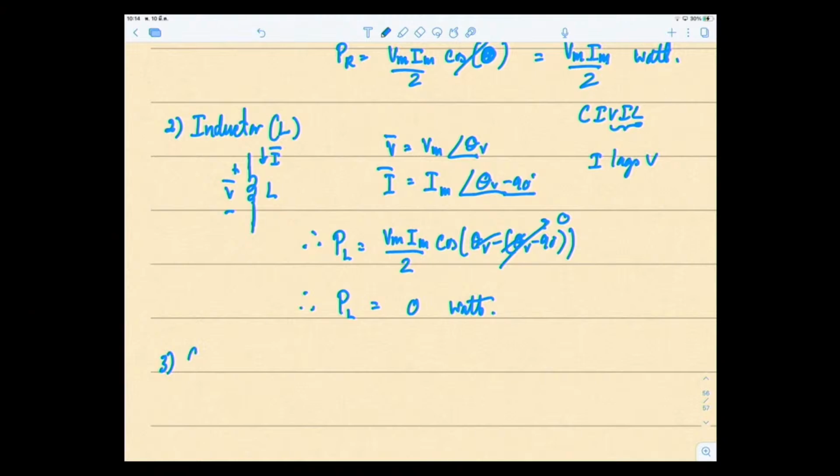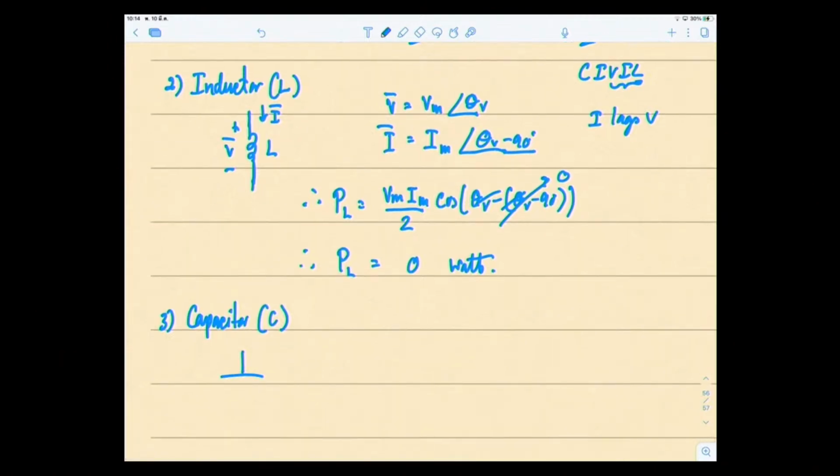The third one is a capacitor, C. Again, there's a current I and a voltage drop across the capacitor.